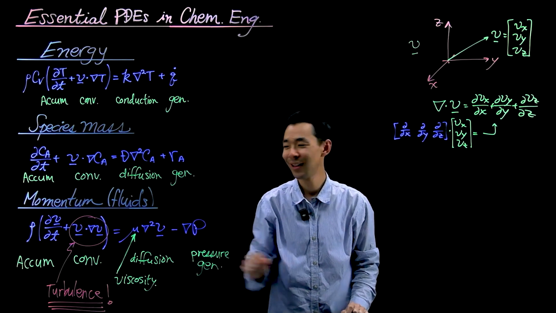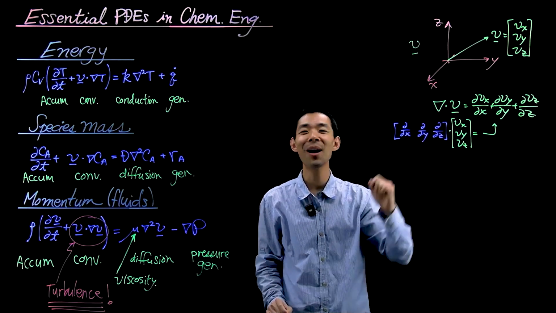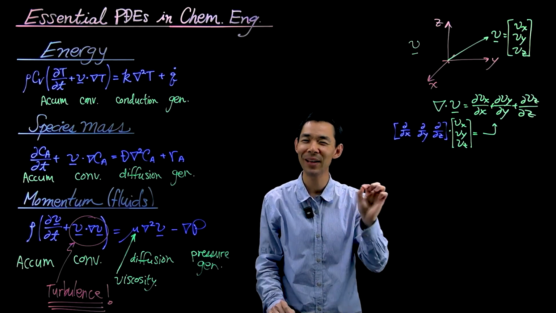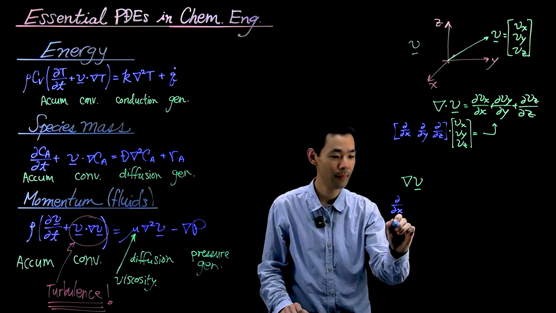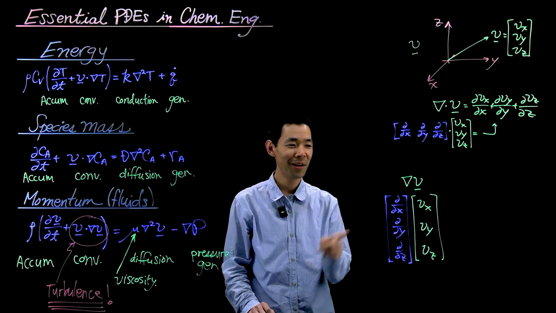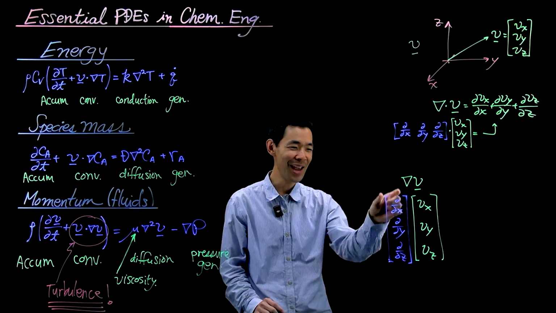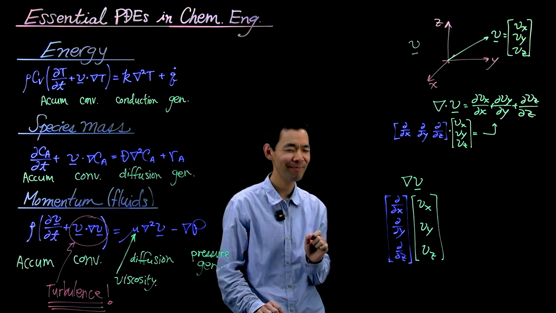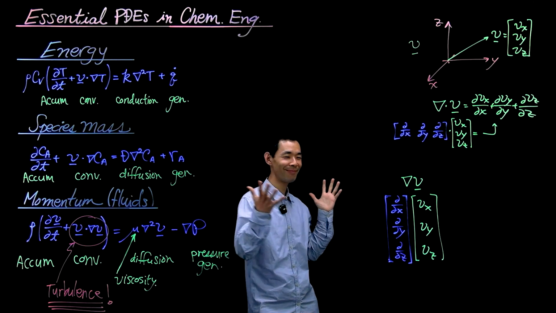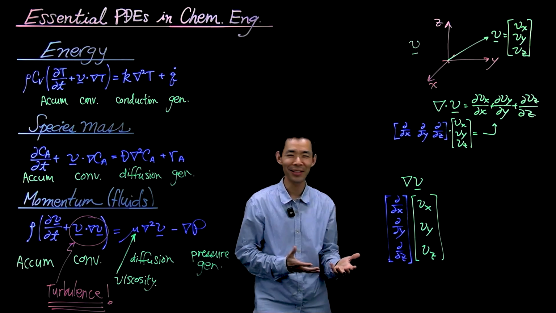This ain't that. This gradient of the velocity is not a dot product. This is a gradient of another vector. This is a dyad. So the gradient operator is not a row vector, it's a column vector. So you're taking the dyadic product or an outer product of two vectors. What is this? Is it making you nauseous?